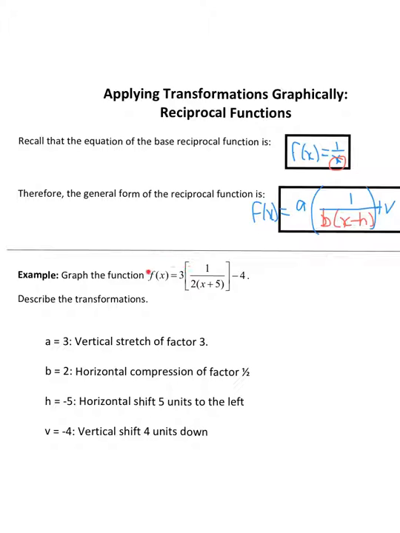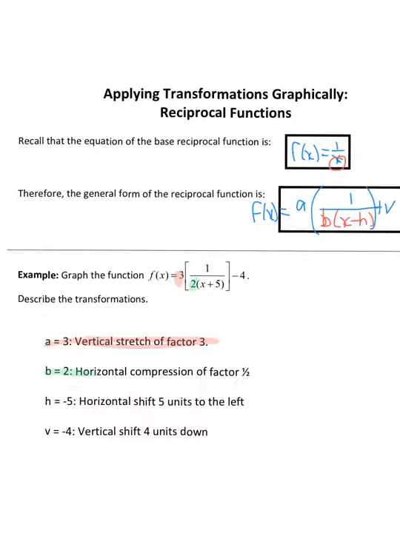So we're asked to graph the function f of x equals 3 times 1 over 2 bracket x plus 5 bracket, all minus 4. So first, let's describe the transformations. We can see that the a value is 3, so there is a vertical stretch of factor 3. The b value is 2.